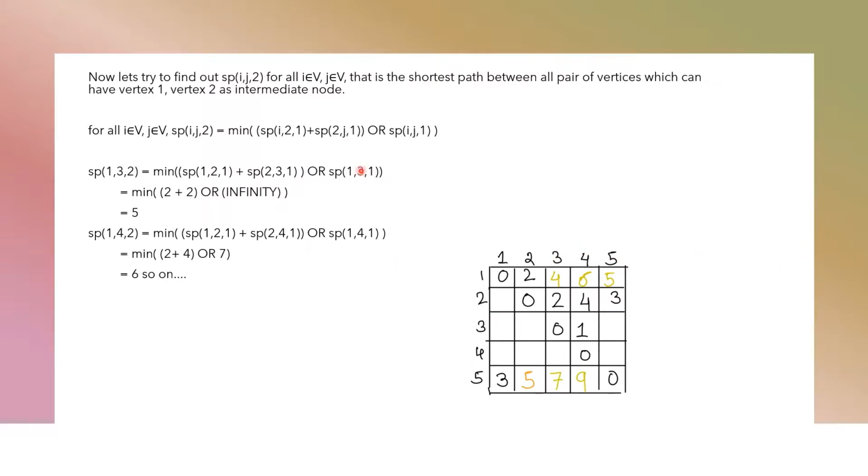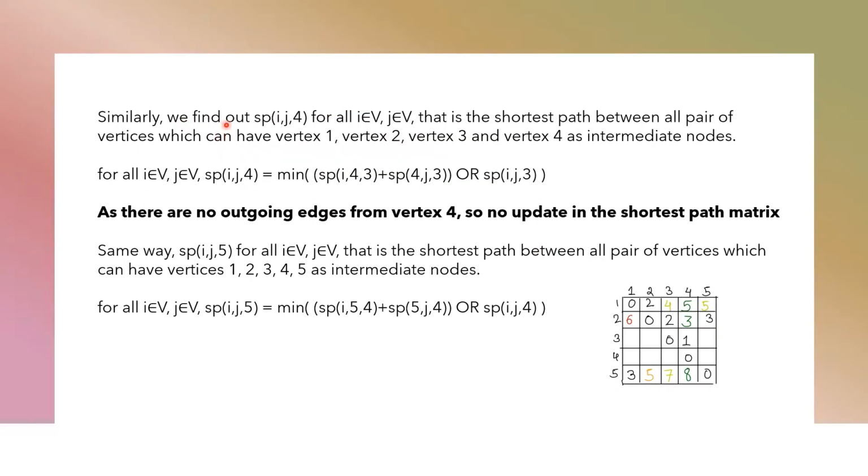Similarly, we would have to find sp ij of 3, and then sp ij of 4, which is again the shortest path between all pairs of vertices which can have 1, 2, 3 and 4 as intermediate nodes. Applying the same formula, taking the intermediate nodes, assigning values to the distances, and basically getting the value.